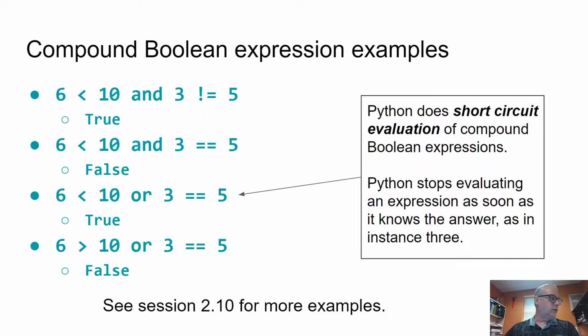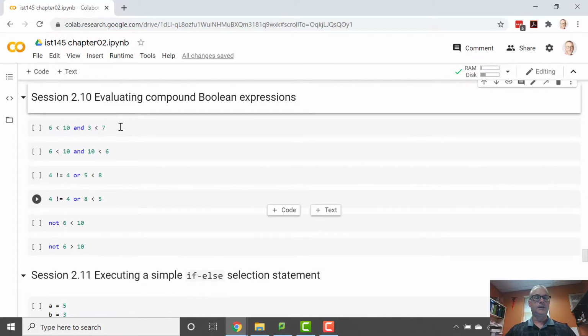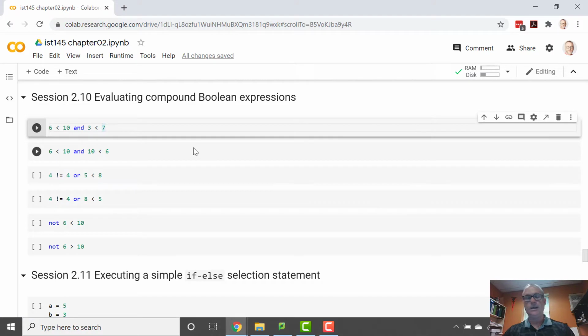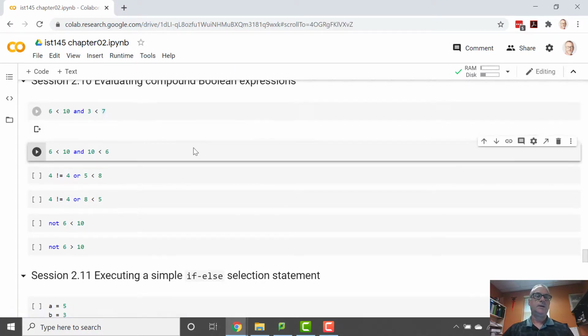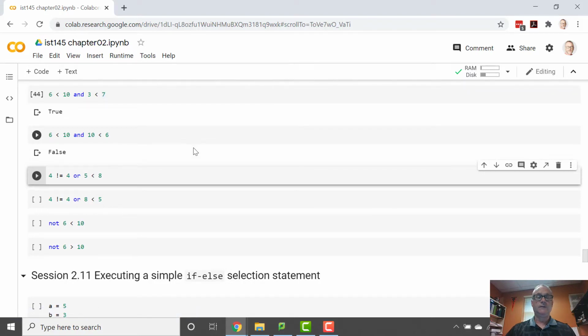Okay, and then session 2.10 would have more examples. Let's take a look at that real quick. Again, this is just sort of the similar idea. 6 is less than 10 and 3 is less than 7. That's true. 6 is less than 10 and 10 is less than 6. False. 4 is not equal to 4 or 5 is less than 8.